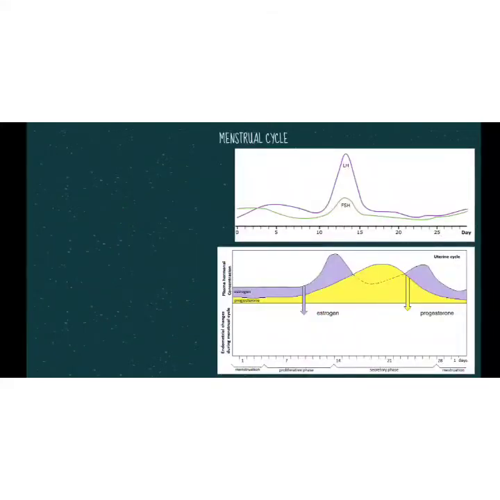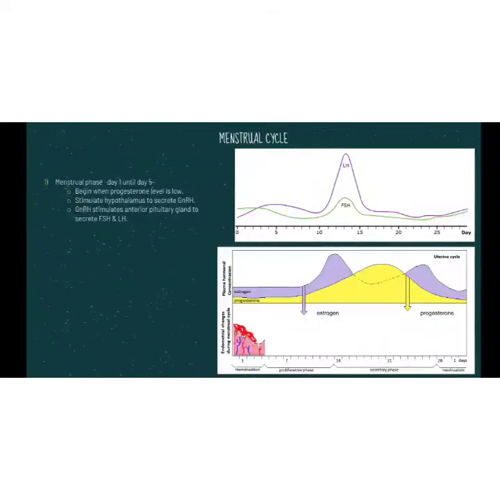Now we go to the next cycle in female reproduction, that is the menstrual cycle. So we go to the first phase, the menstrual phase, which occurs on day 1 until day 5. It begins when the progesterone level is low, and this stimulates the hypothalamus to secrete GnRH.